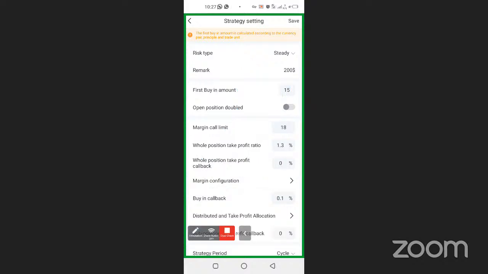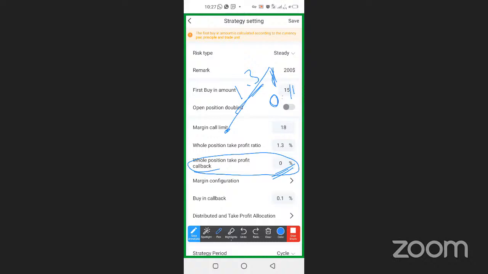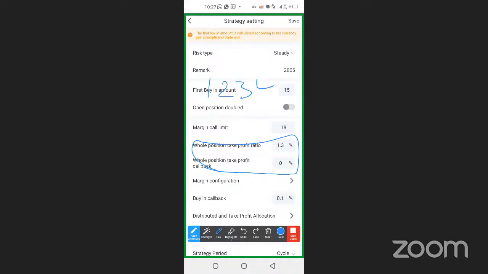So basically, this works when the robot has bought 1 time, 2 times, 3 times, up to 4 times. So these settings work from margin call number 1, margin call number 2, margin call number 3, margin call number 4.